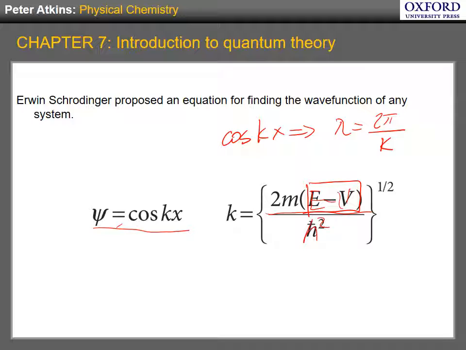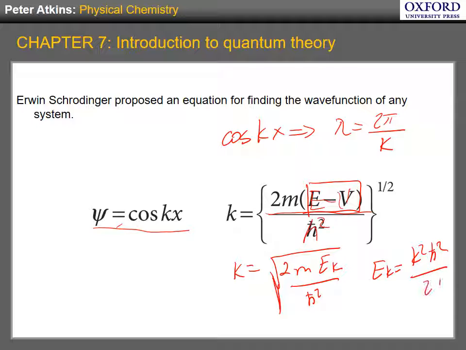So this equation can be rewritten as k equals the square root of 2m times kinetic energy divided by h bar squared, which then basically implies that the kinetic energy equals k squared h bar squared divided by 2m.